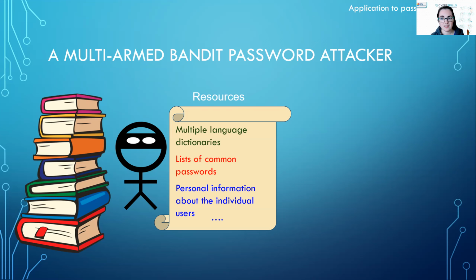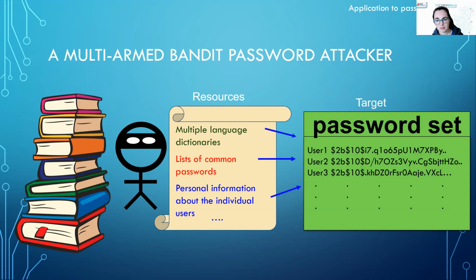Essentially, there's this huge corpus of information, which we call dictionaries or word lists, and they want to guess a password set. The crucial problem they're faced with is what order to use the dictionaries in, and what dictionaries to use, in order to maximize the returns on guessing this password set.